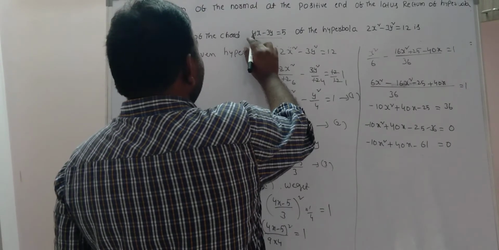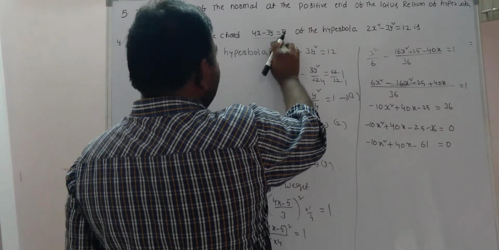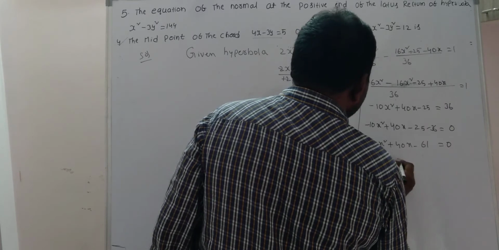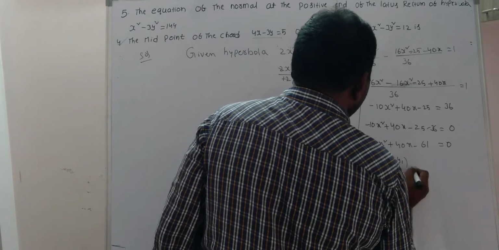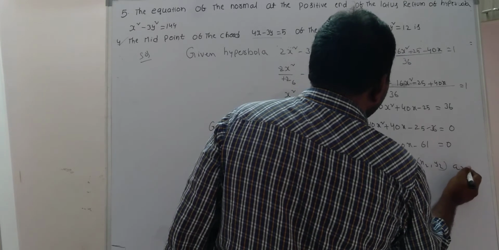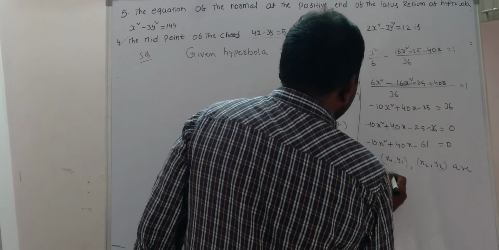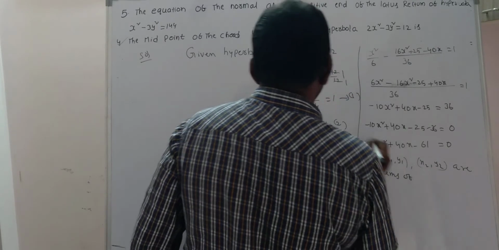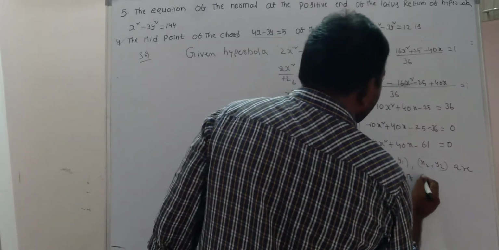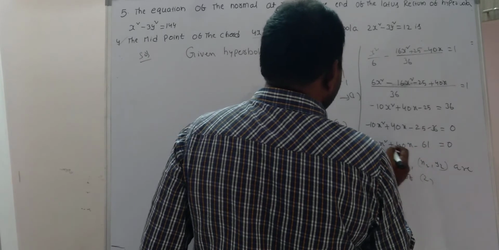Suppose the endpoints of this chord, that means the extremes of this chord, are x1 comma y1 and x2 comma y2. Here x1 and x2 are roots of this equation.